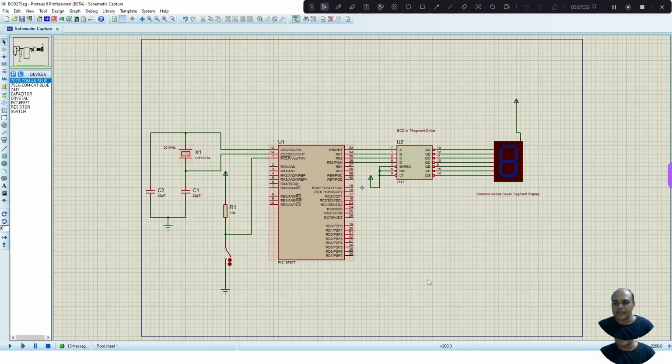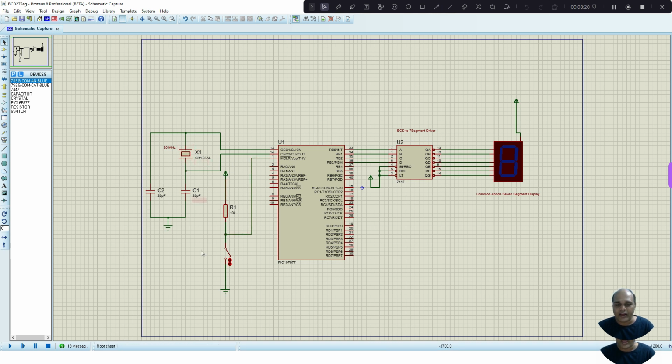So this is a circuit built on Proteus 8 Professional. Here I have taken a PIC16F877 microcontroller, where the oscillator lines are connected to a crystal and capacitors. The crystal is used for providing the clock frequency for the microcontroller, and the capacitor is for providing a stable clock frequency.